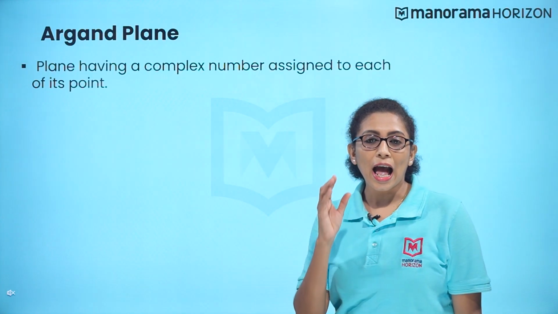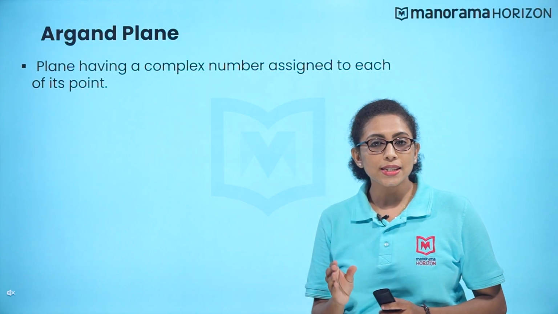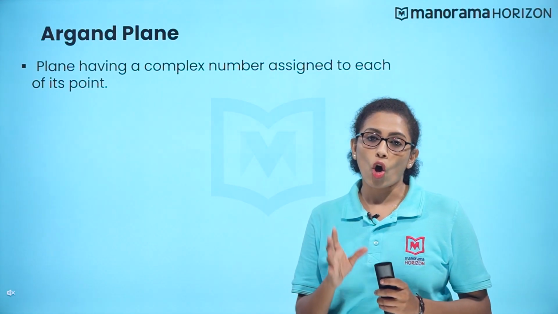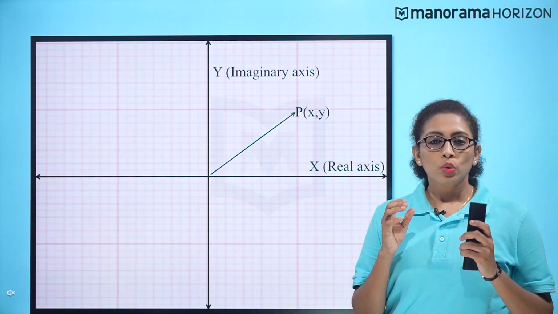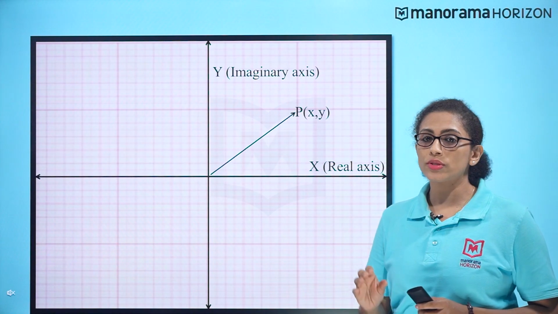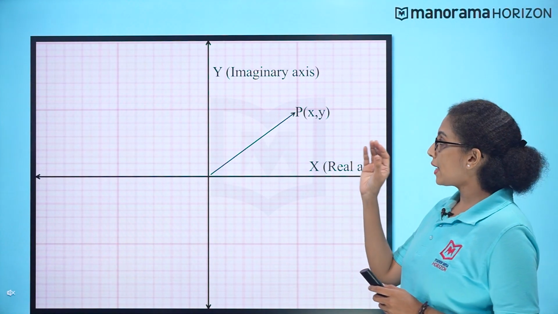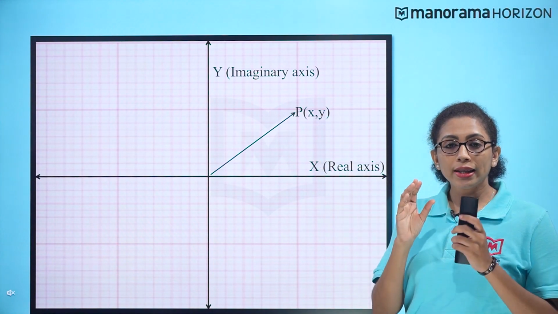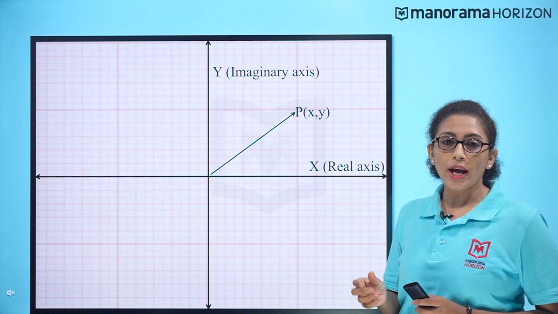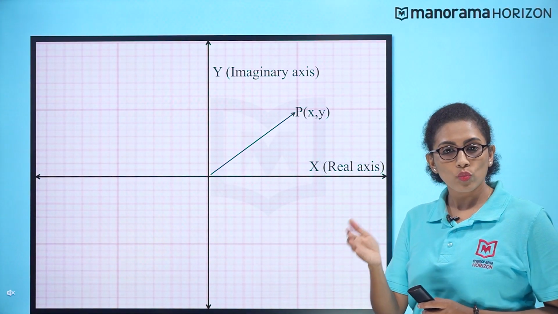The plane having a complex number assigned to each of its points is called the complex plane or the Argand plane, which means the complex number x plus iy corresponds to the ordered pair x, y, and it can be represented geometrically as a unique point, that is P of x, y in the xy plane and vice versa.